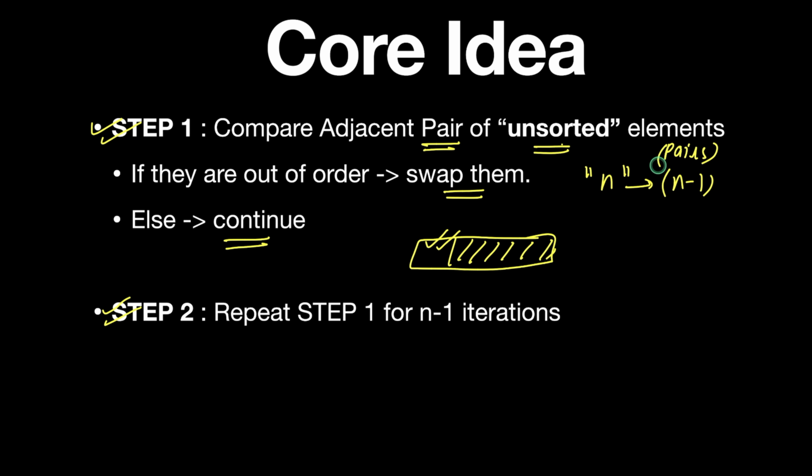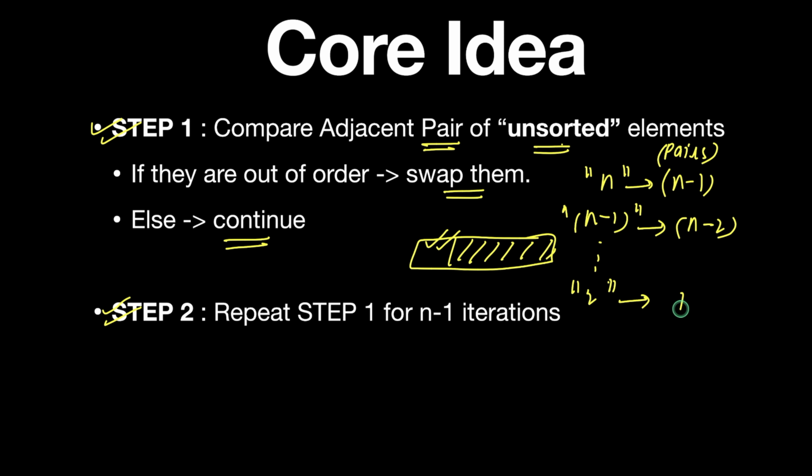So we are left with n minus 1 unsorted elements. So n minus 1 unsorted elements would mean that we have n minus 2 pairs of unsorted elements, right? So in this manner, we will reach a stage where we only have one pair, right? So we have 2 unsorted elements and those 2 account for one pair.